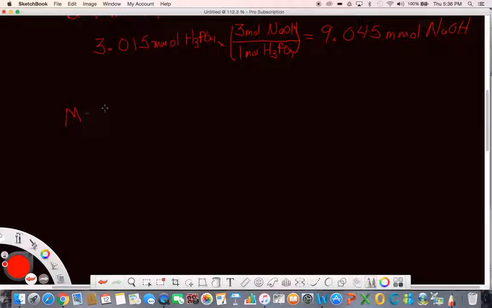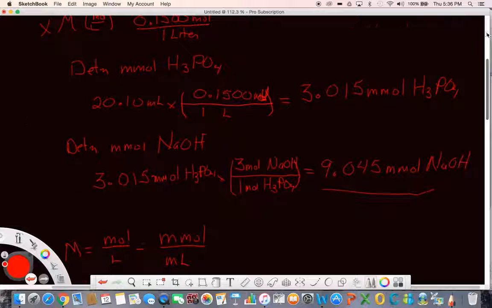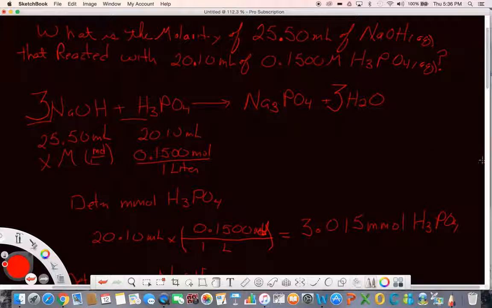of NaOH. Now, molarity is moles over liters or millimoles over milliliters. And we have the millimoles. So I can then take the 9.045 millimoles divided by the milliliters. And the milliliters is 25.50.